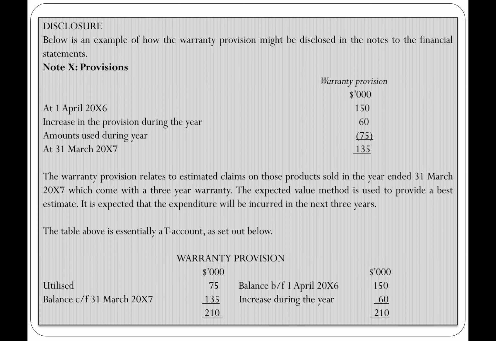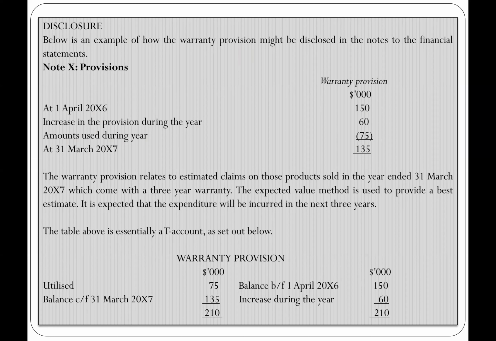So in note number X, talking about provisions, we state what the provision was at the beginning of the year. It was 150. We specify the amount that we used during the year to pay for the cost of replacing the tees, which is 75,000. And then we incorporated the bump up of the provision, or the increase of the provision, by 60,000, such that the provision at the end of the current year becomes 135,000.